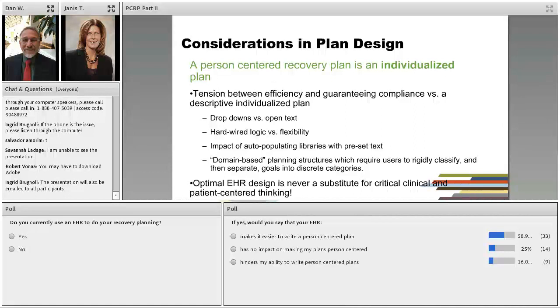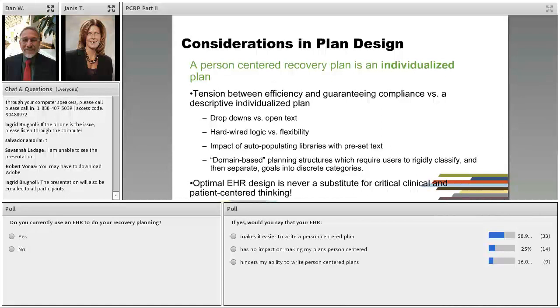You've taken the individualized aspect out of it, and I think, as Janis has mentioned, you tend to end up with 6, 7 very discrete problems versus a goal that is integrated and might include some of the problems you're trying to address all within a single goal and the context of something the person actually wants.